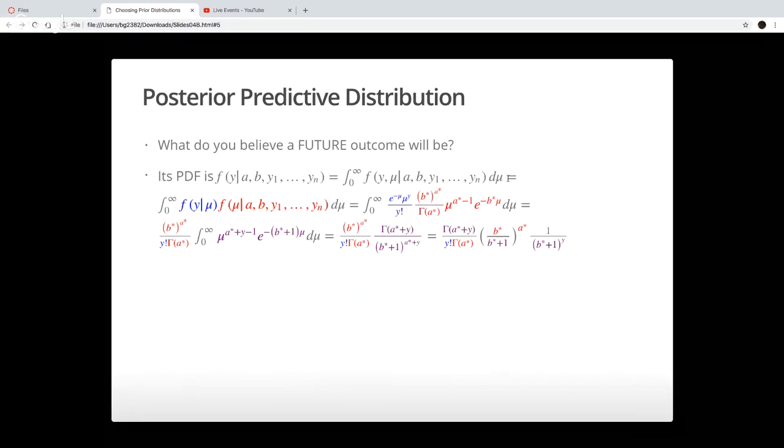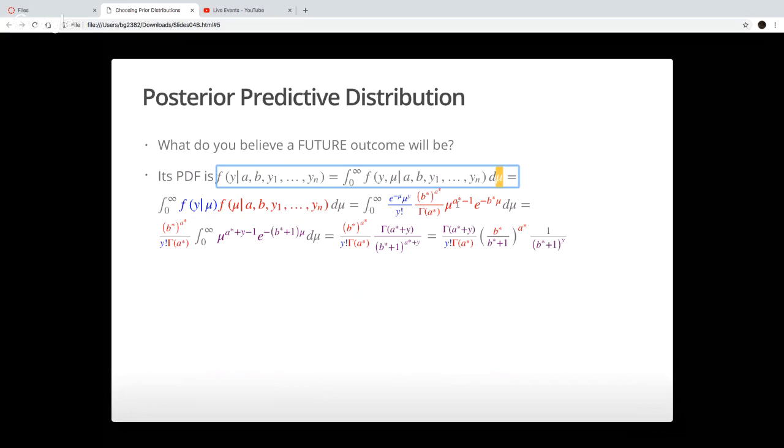So the joint distribution of future data and mu, marginalizing out mu. So you introduce mu and you integrate it out. The joint distribution between future y and mu is the posterior distribution of mu given the past data multiplied by the conditional PMF for future data given mu.